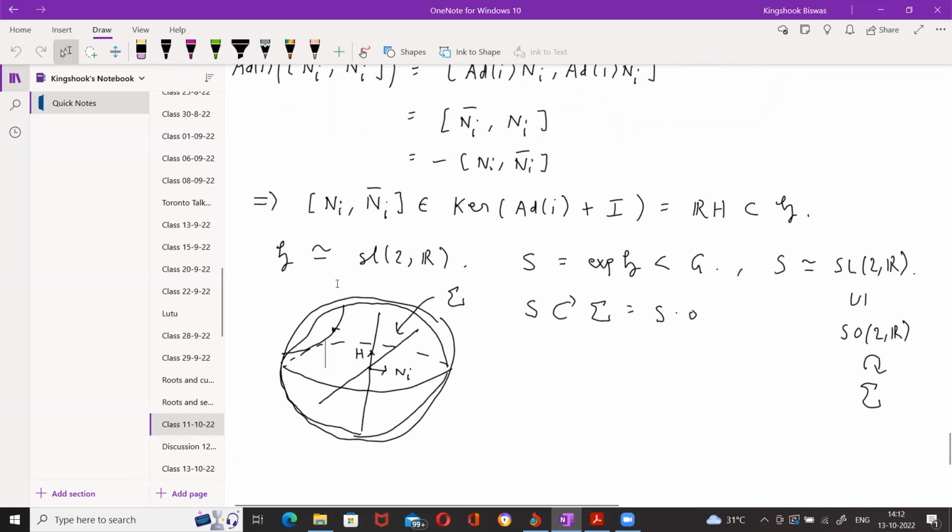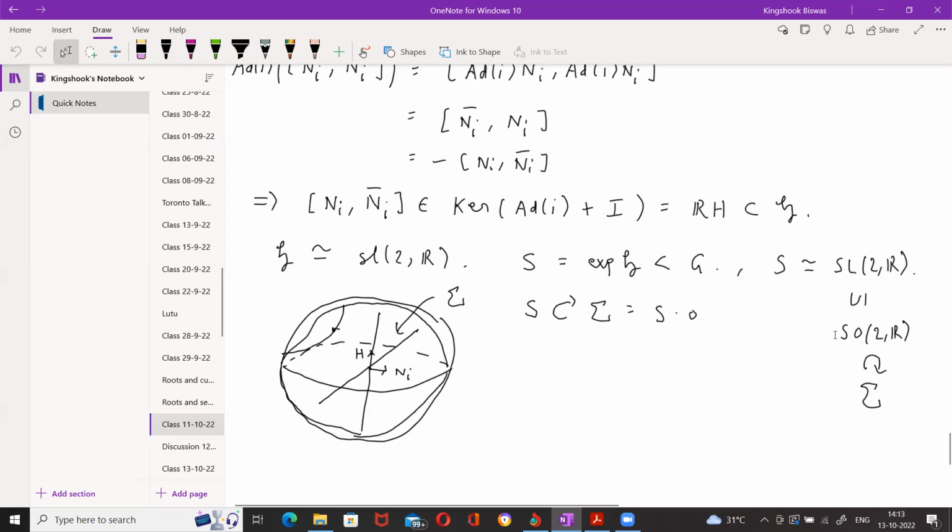And then you look at the orbit of the origin under S, and that gives you a two-dimensional submanifold, sigma. And this is a totally geodesic submanifold, because we saw that for any two points in this submanifold, the geodesic in the whole space joining them lies inside the submanifold.